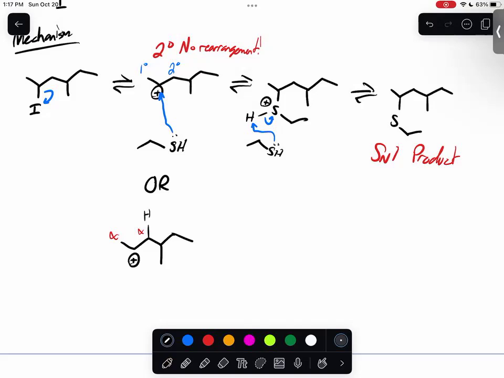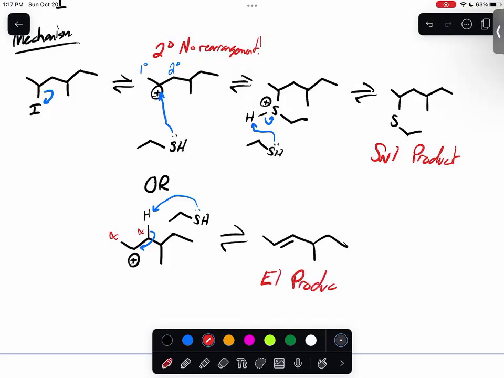So we're going to take from there. So essentially, in this case, our sulfur would act as the base, come in, deprotonate that alpha proton, make the alkene, and we end up with our E disubstituted alkene, which is our E1 product.